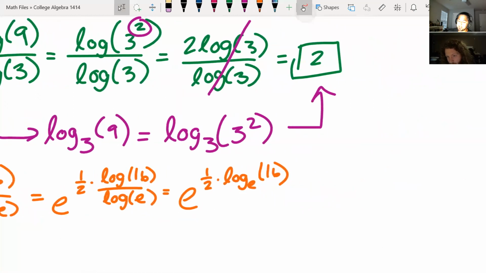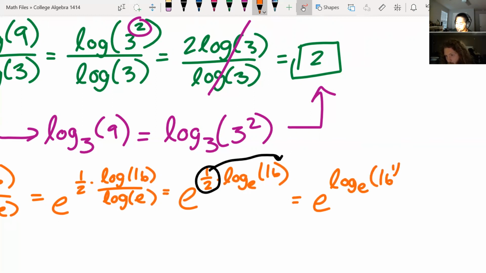Reverse. And then we are going to reverse power rule. This 1/2 is coming on the 16. So you're going to get e to the log base e of 16 to the 1/2.